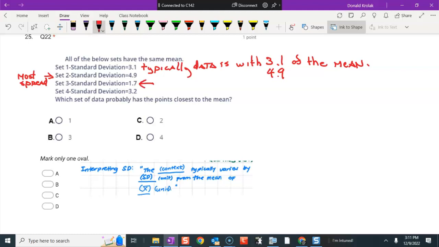It's got the smallest standard deviation, therefore it has the smallest spread of data. So set 3.